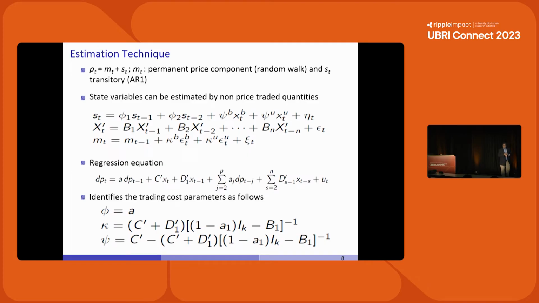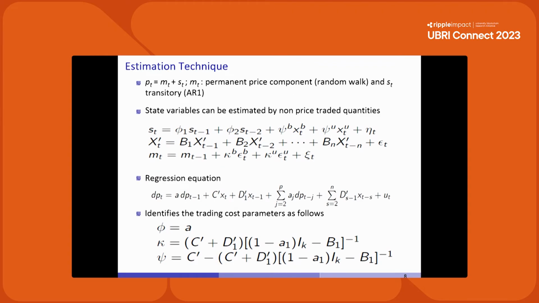I told you that there are two types of trading costs, permanent costs and temporary costs, right? Think of this as we only observe price, but in that price there are two hidden terms which we don't observe: how much of that price change is permanent and how much is temporary.